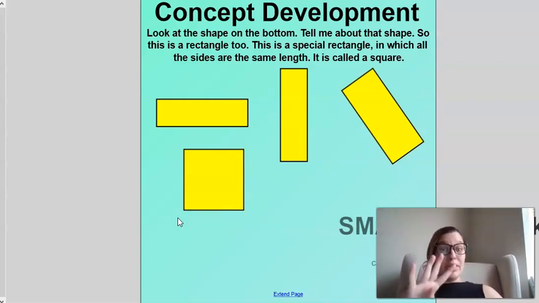So when we have 4 sides, 4 corners, and the lines are all straight and the same length, that is a what? Does anyone know? A square. Yes, very good.